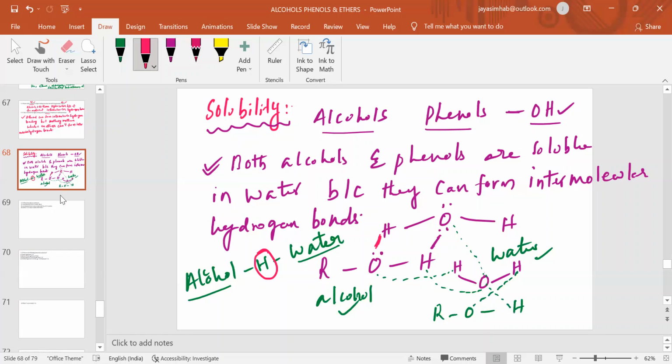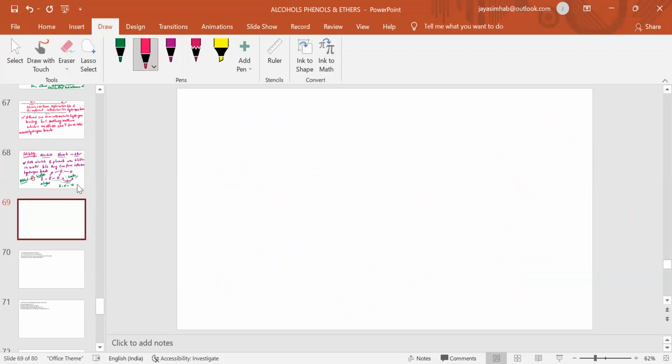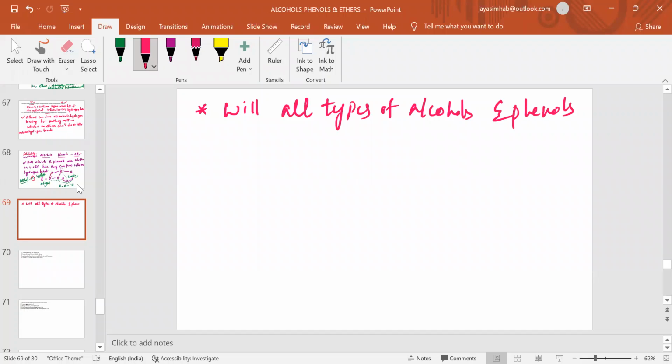So one more point is interesting. Will all types of alcohols and phenols be soluble in water? No. Important point. Will all types of alcohols and phenols be soluble in water?